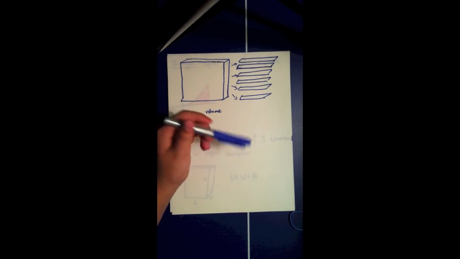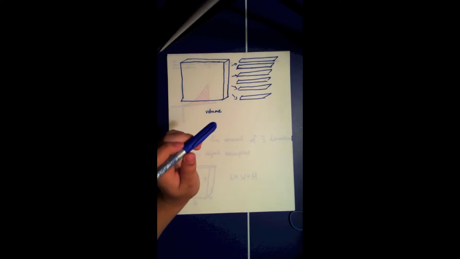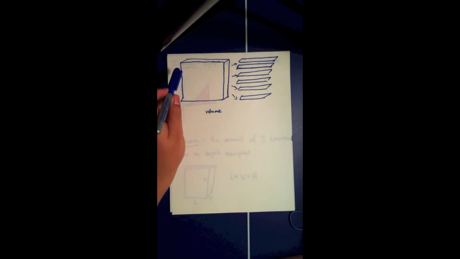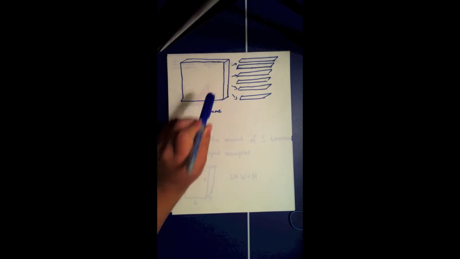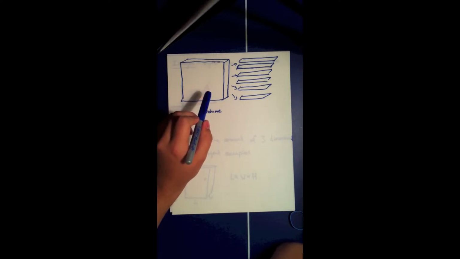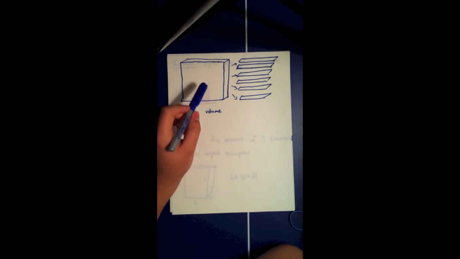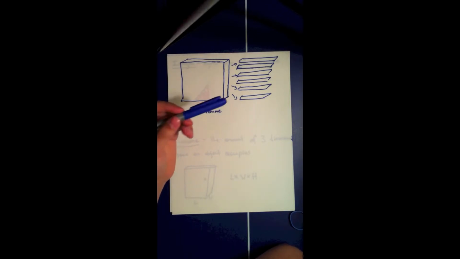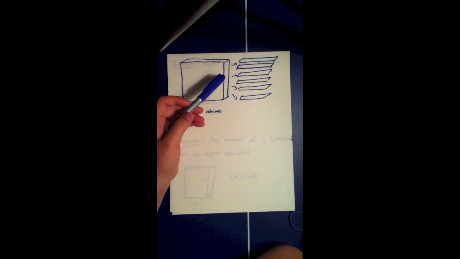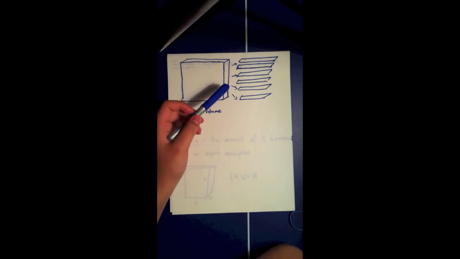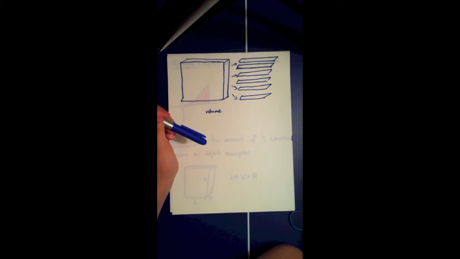If you think about it, it's the same thing, but it's more useful if you have something that isn't exactly this shape. So you can think about this example as a deck of cards. You could find the volume of the deck of cards by multiplying its length times its width times its height, or you could find the volume of each one of the cards and then just add them all up.